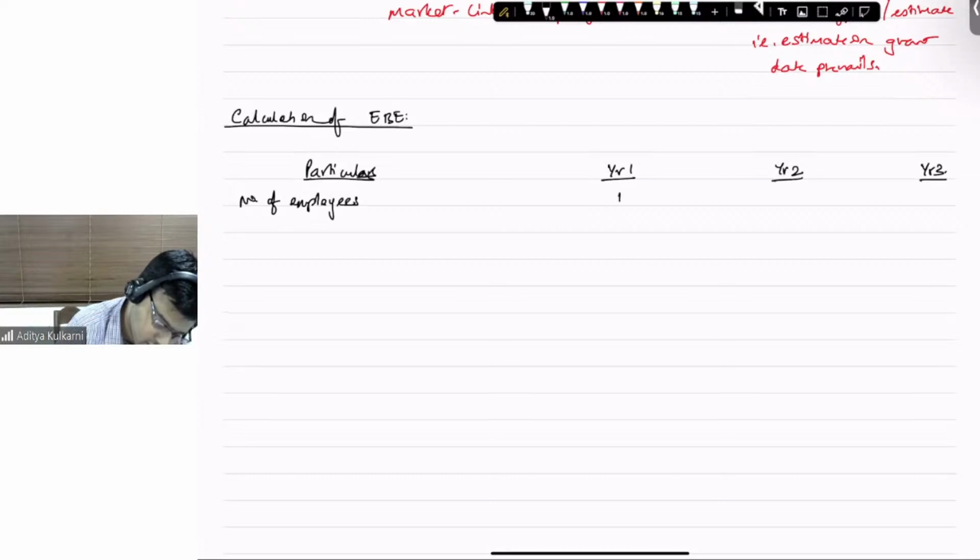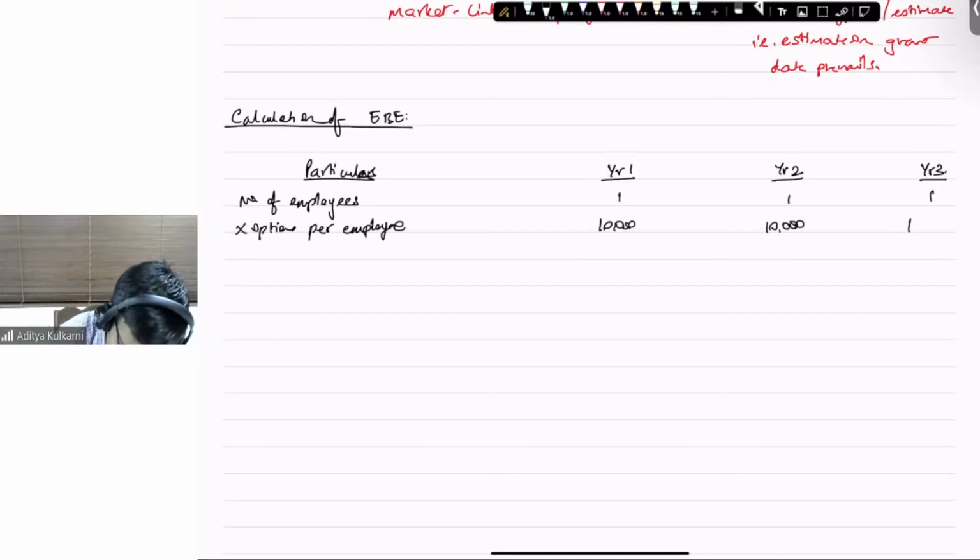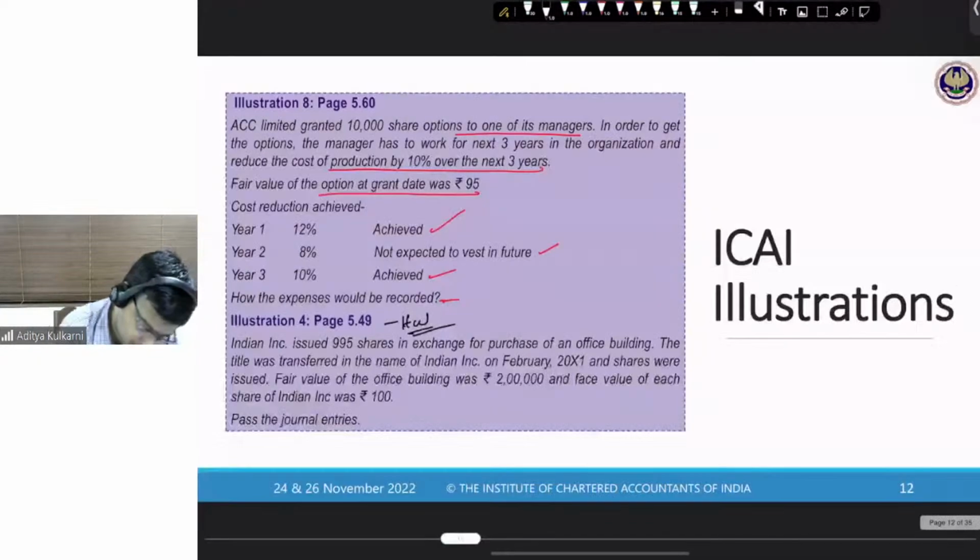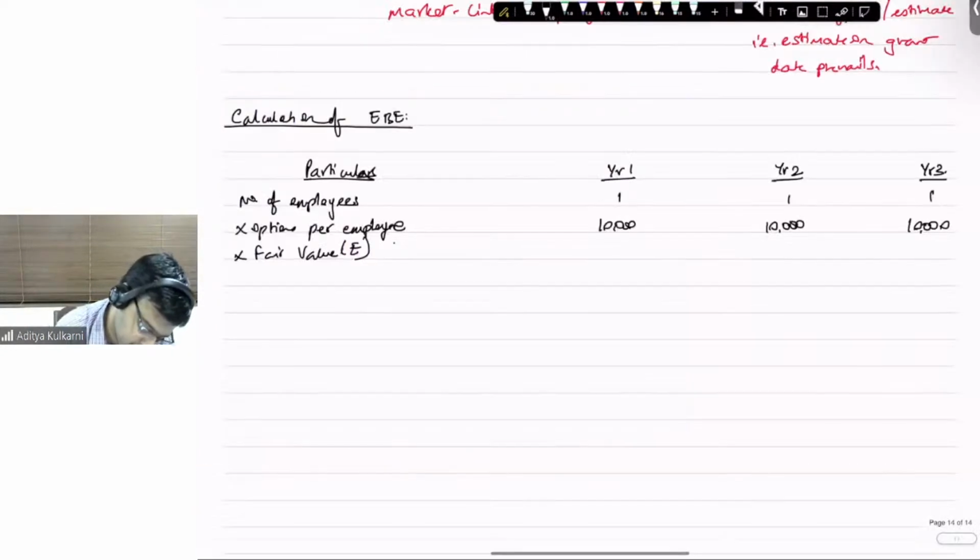Number of employees 1, 1, 1, into options per employee 10,000. I'm just writing the data. I am not yet gone into the estimations. Into options into fair value. What is the fair value? 95.